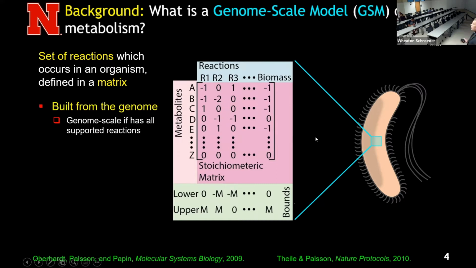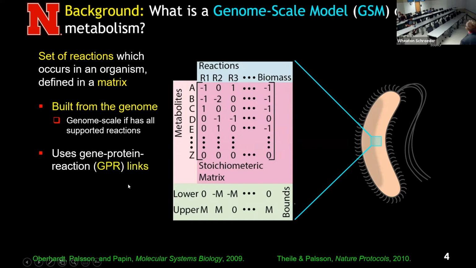These are built from the genome, so what we're going to do is look at the genome of the organism and try to determine what reactions would be supported by that genomic information. We would call this stoichiometric model a genome-scale model, or a GSM, if it has all genome-supported reactions.